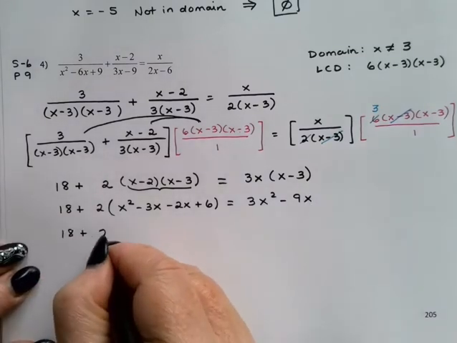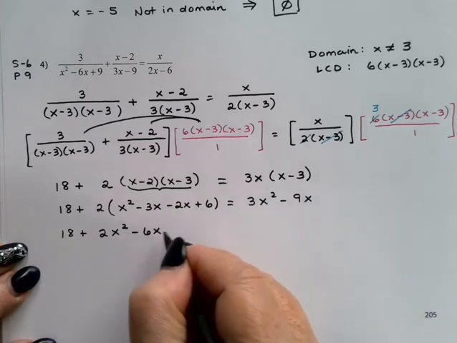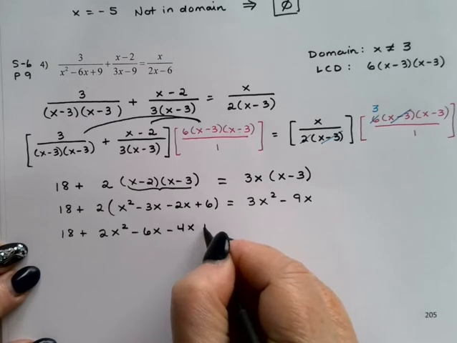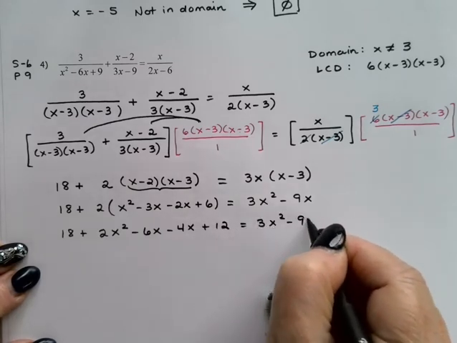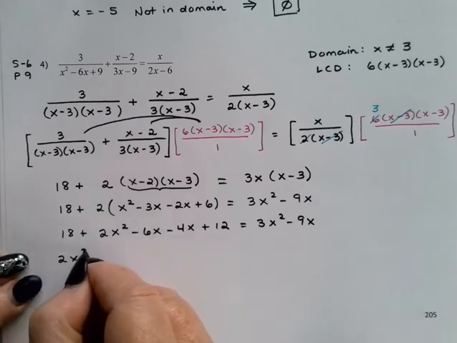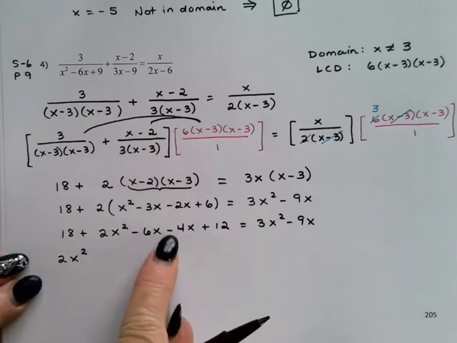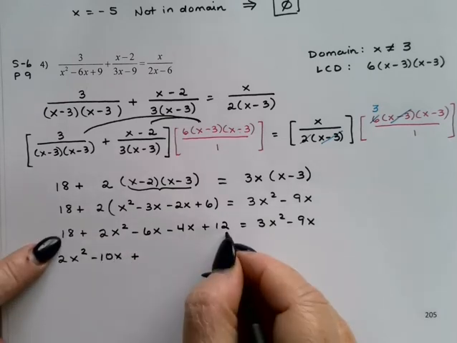Let's see, distributing that 2 gives me 2x squared minus 6x minus 4x plus 12. And bringing things together on the left side, I have a 2x squared, a minus 10x, and then a plus 30.